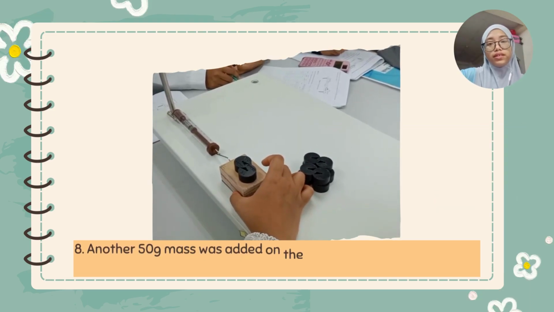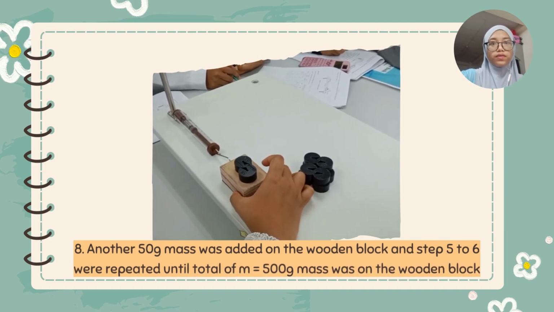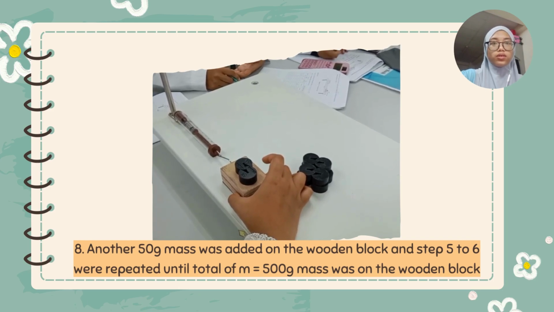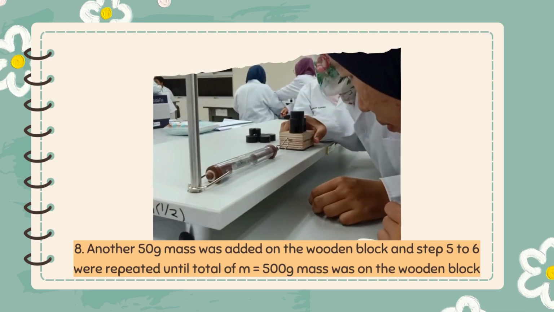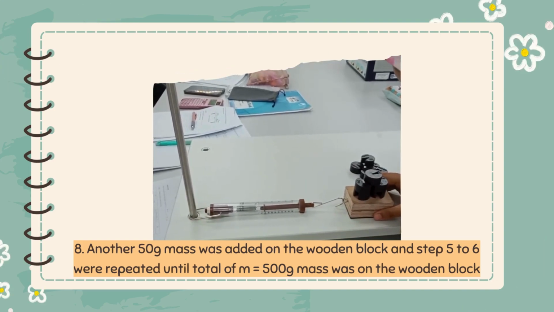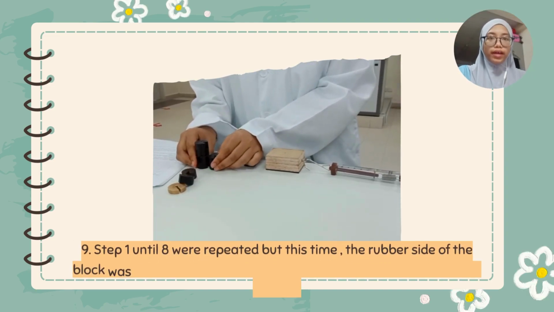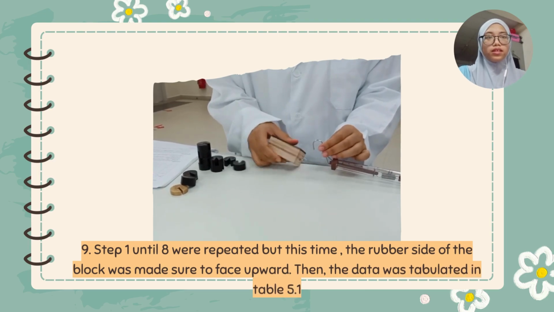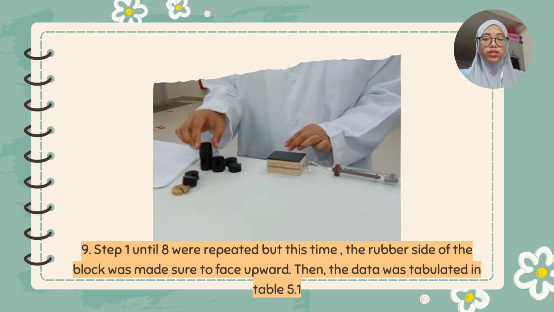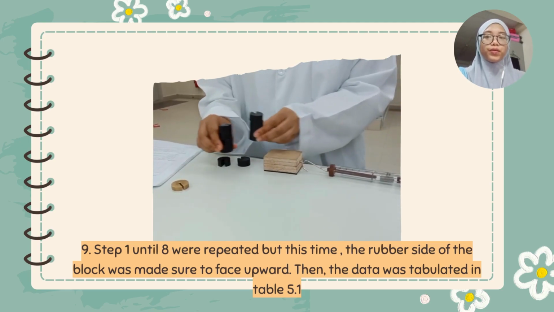Number 8, another 50-gram mass was added on the wooden block, and steps 5 to 6 were repeated until a total mass of 500 grams was on the wooden block. Number 9, steps 1 to 8 were repeated, but this time the rubber side of the block was made sure to face upward. Then the data was tabulated in Table 5.1.